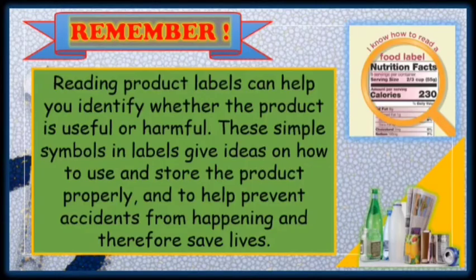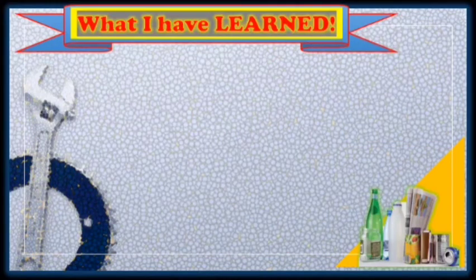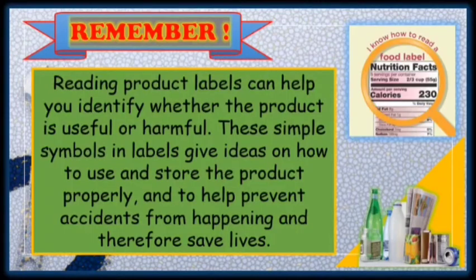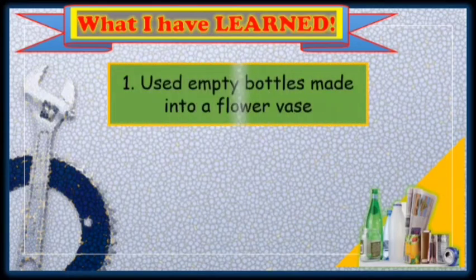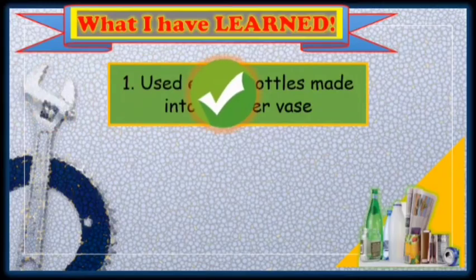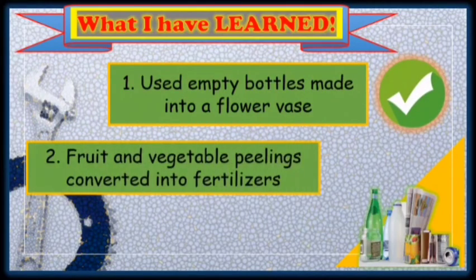So, let's see what have you learned in this class. Write a check mark if the material is useful and write a cross mark if it's harmful. So for item number 1, use empty bottles made into a flower base. Very good. That is a check. Number 2, fruit and vegetable peelings converted into fertilizers.